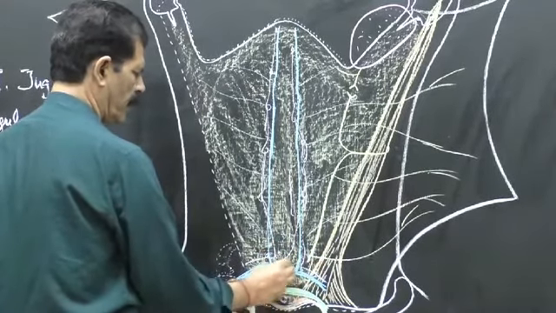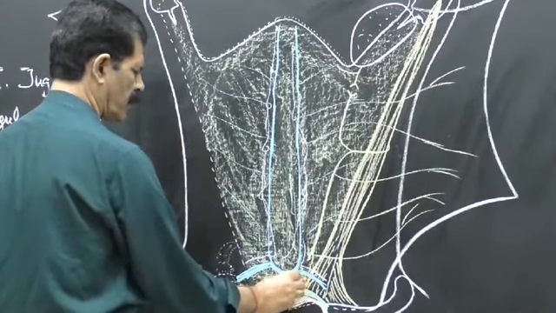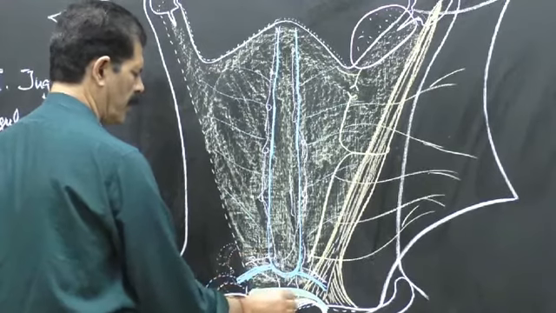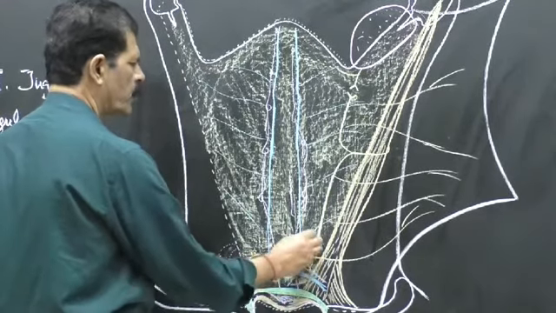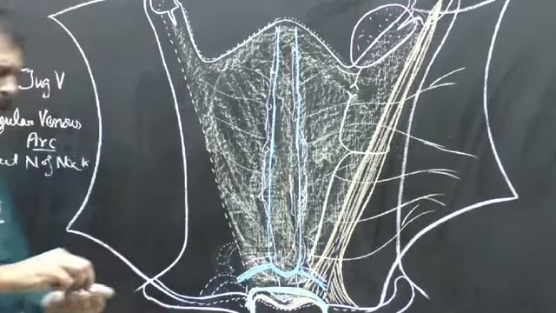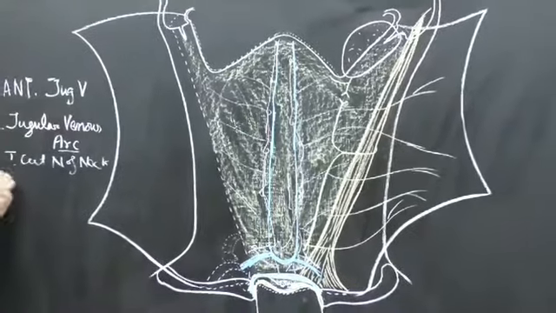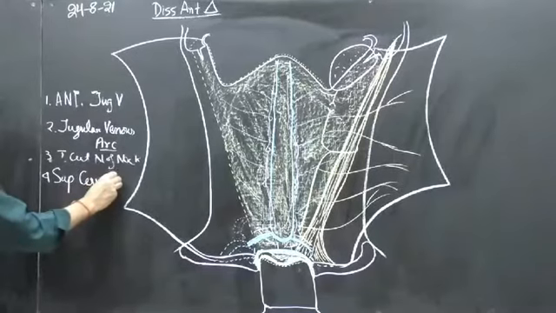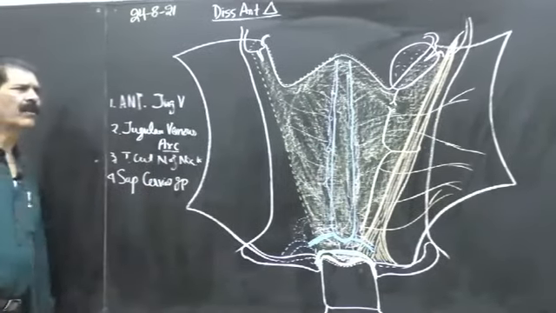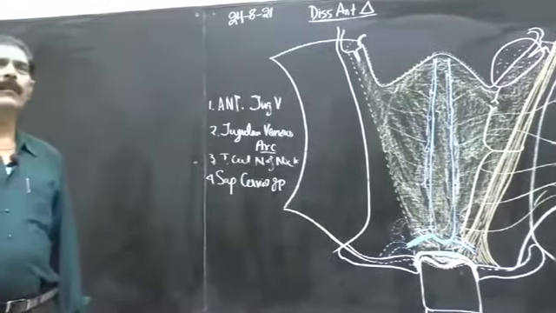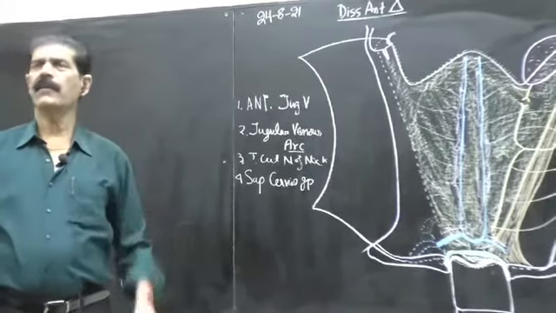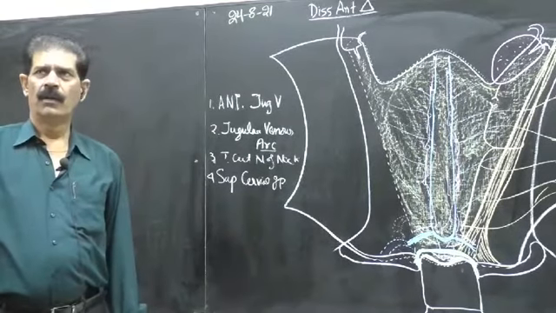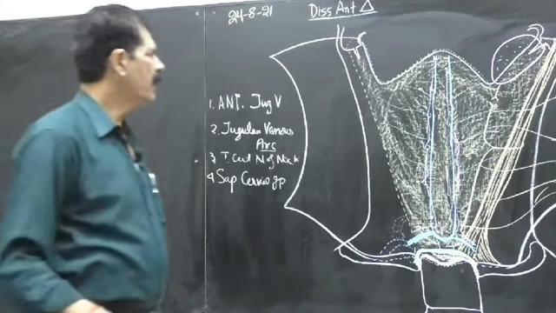A lymph node may also be present here in the sternal notch. They are all intercommunicating lymph nodes. So they are the superficial cervical group of lymph nodes. So this much you have to make in your mind, what is lying below the skin of our anterior triangle. Then it will be clear.